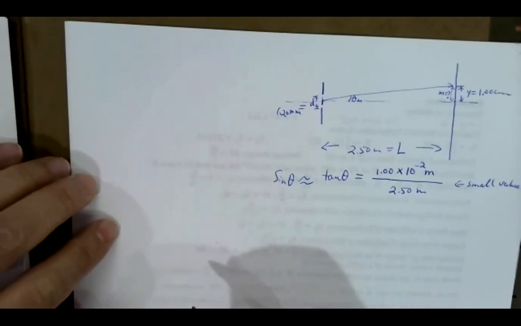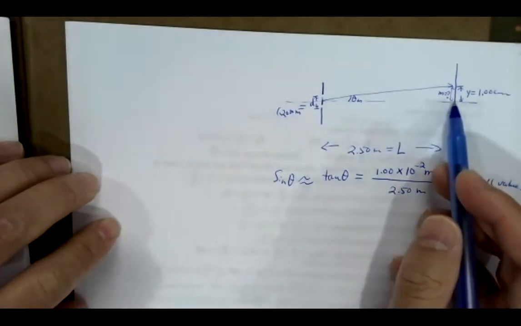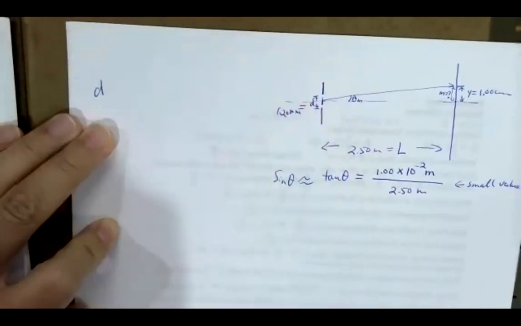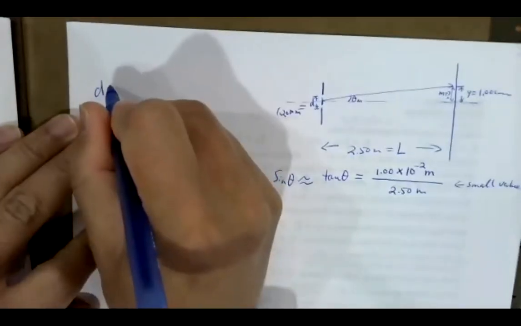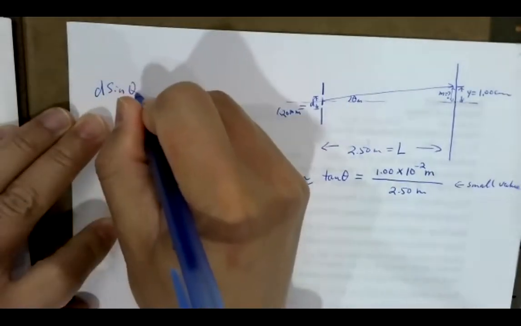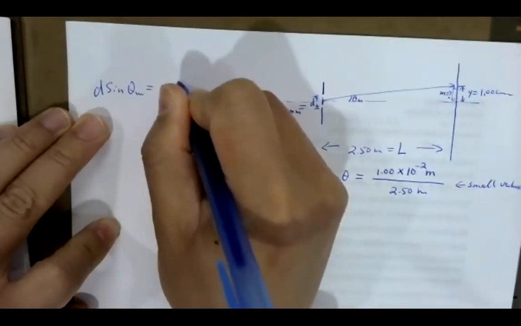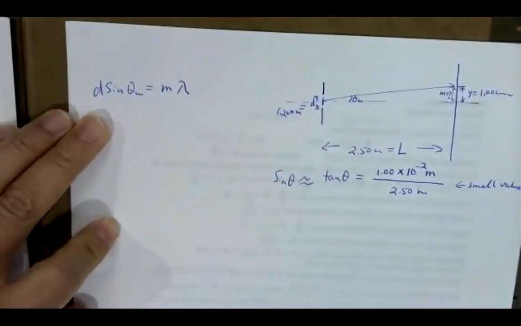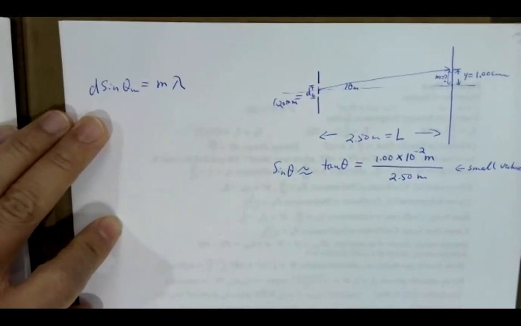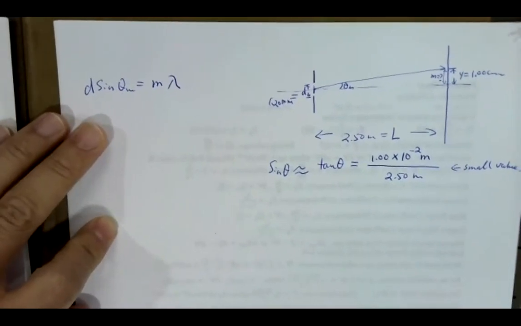So you're looking for how many bright fringes you will be seeing within 1 centimeter. That means you are going to take a look at the equation for the interference maximum: d sine theta m equals m times lambda. If you solve for m, that will tell you how many bright fringes will be within the 1 centimeter region.